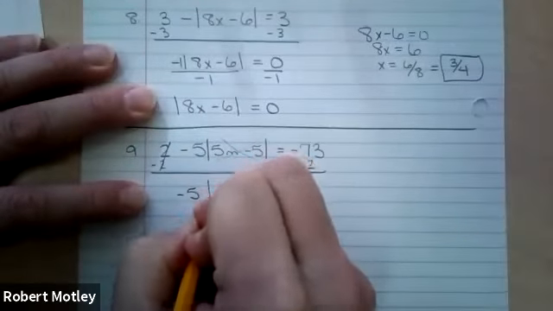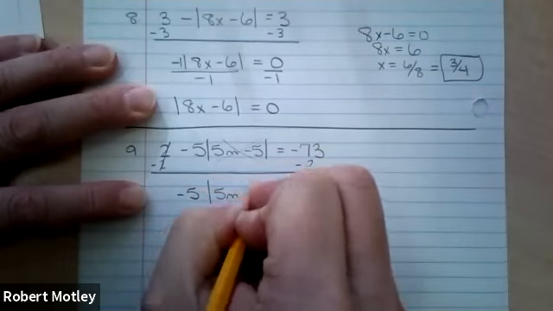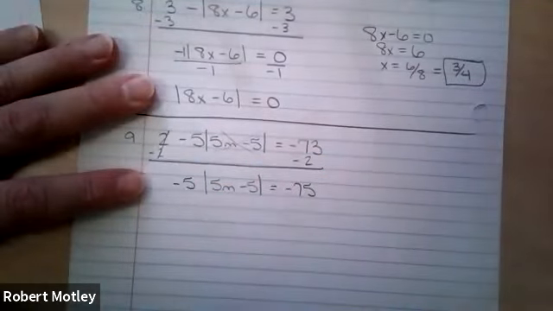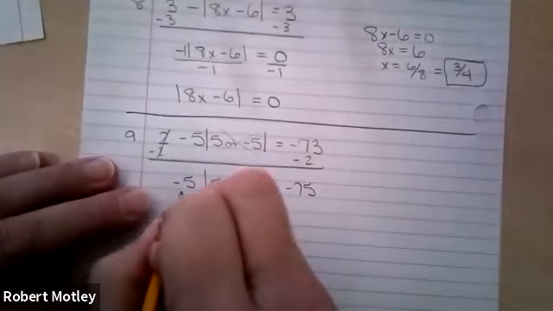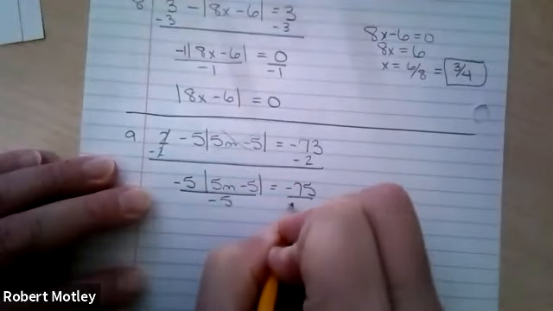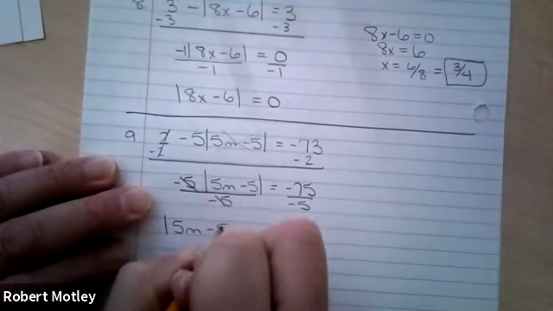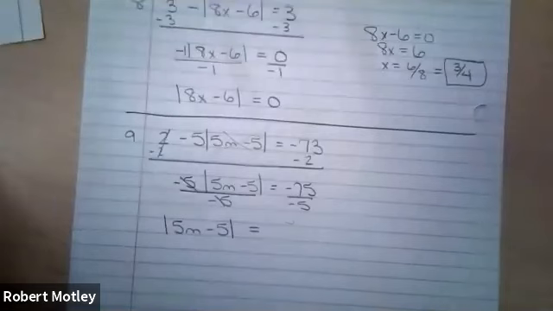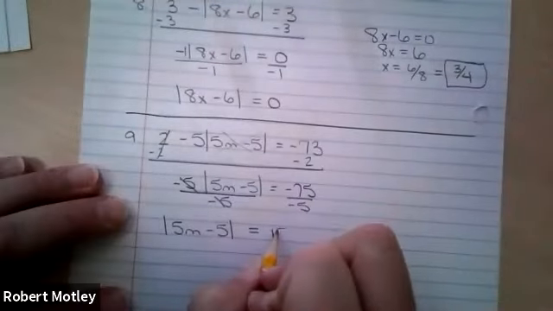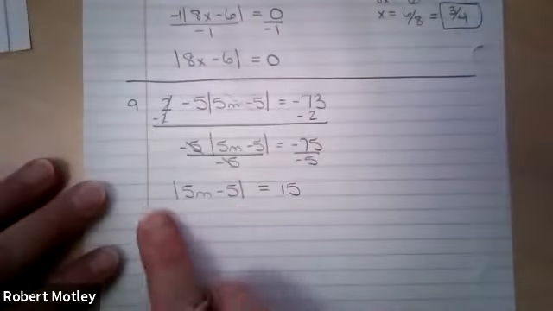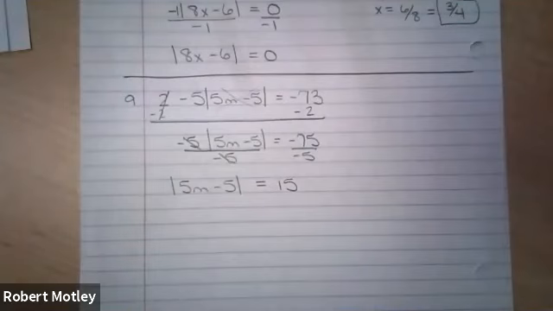So negative 5 absolute value of 5m minus 5 is equal to negative 75. All right. Now I'm going to divide both sides by negative 5. So absolute value of 5m minus 5 is equal to 15. Okay. So like I said, clean it up and always get the absolute value by itself first.